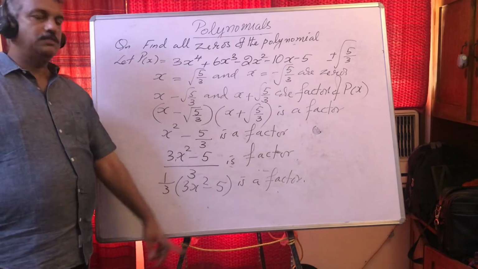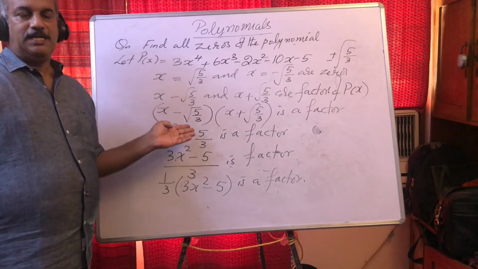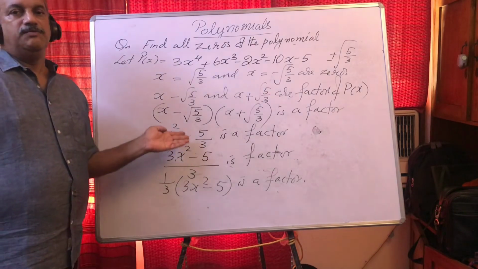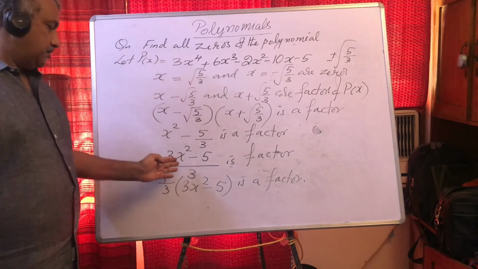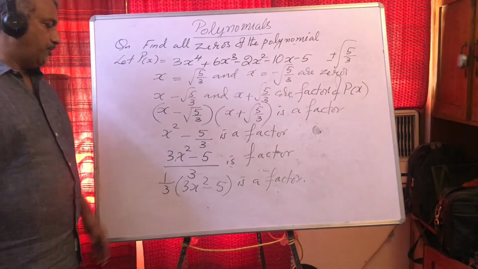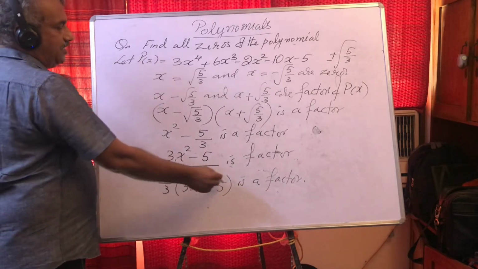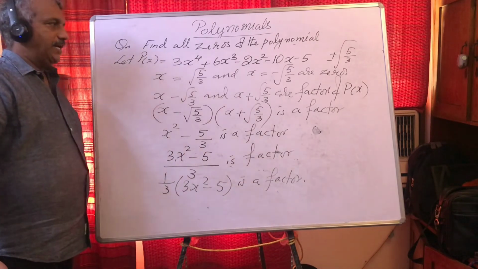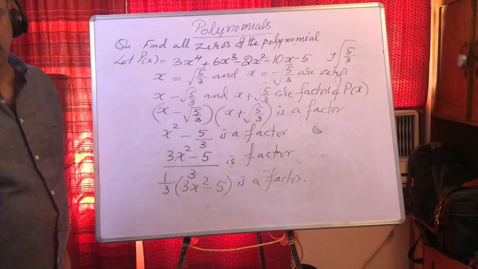So I am taking only 3x square minus 5. You can divide like this also, but division by a fraction may be a little difficult. That's why I am taking out 1 upon 3. So 1 upon 3 is a factor of p of x and 3x square minus 5 is a factor of p of x. So I am going to divide this polynomial by 3x square minus 5.